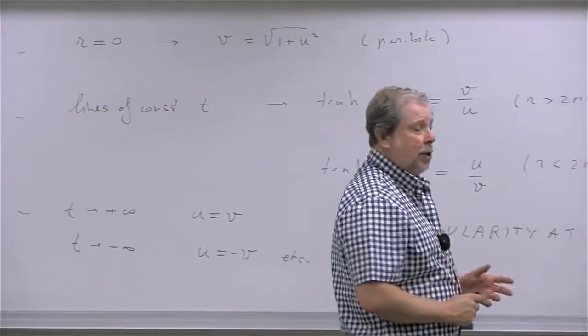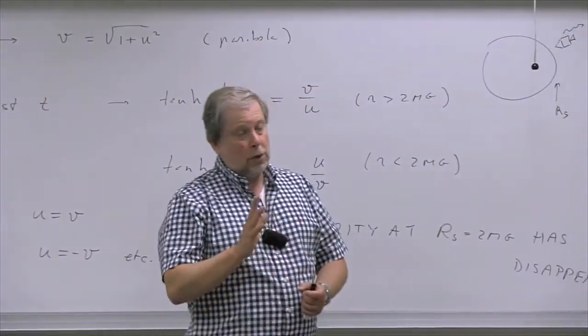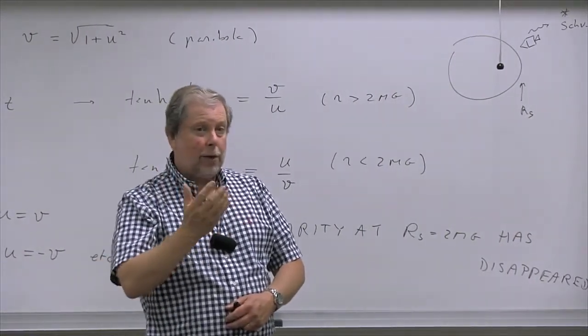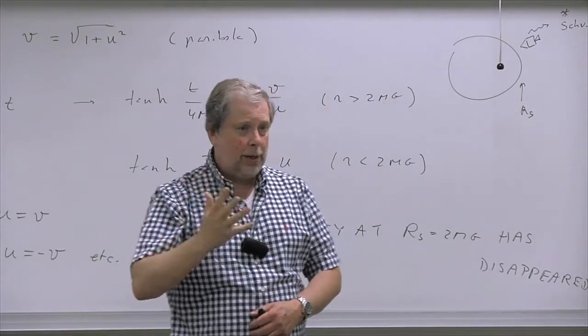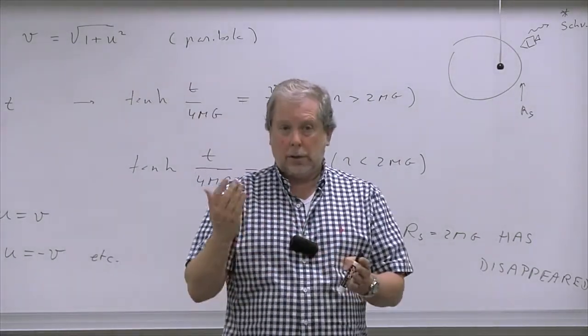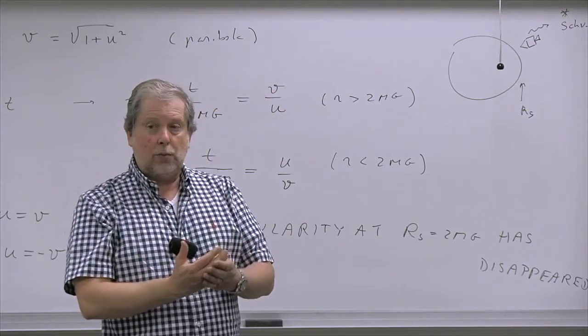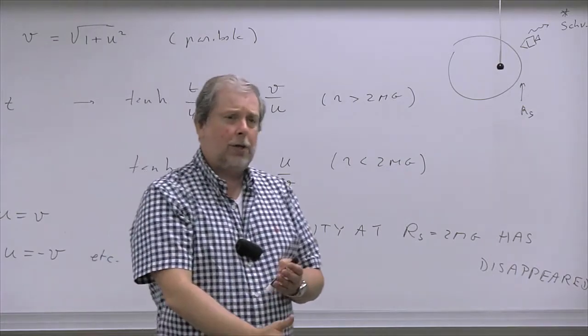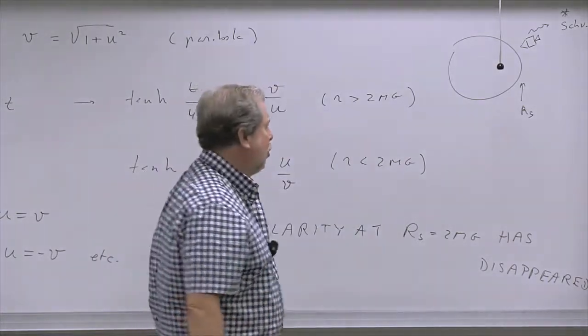So what the observer at infinity sees is the spacecraft going in, the light getting increasingly redshifted, and then at some point they don't see anything anymore. The point at which you don't see anything more, because the redshift is infinite, is where the spacecraft crosses the horizon, enters into this new region.